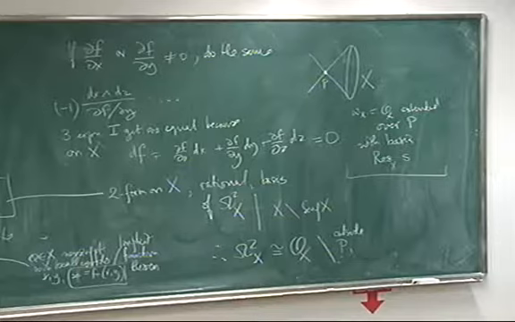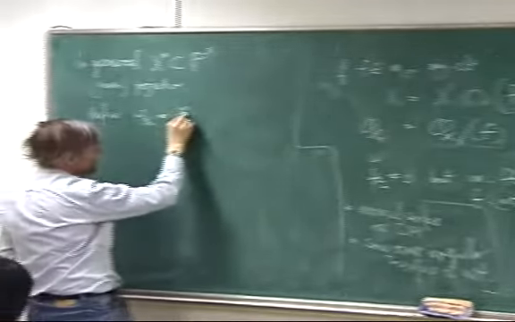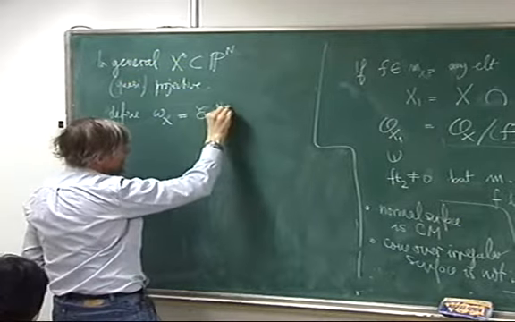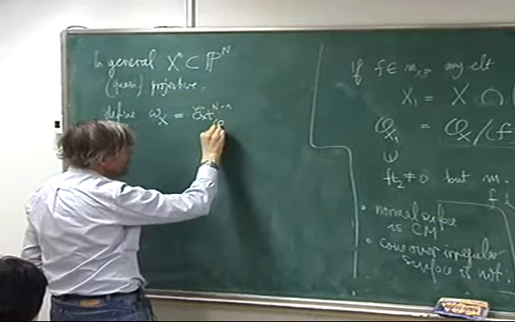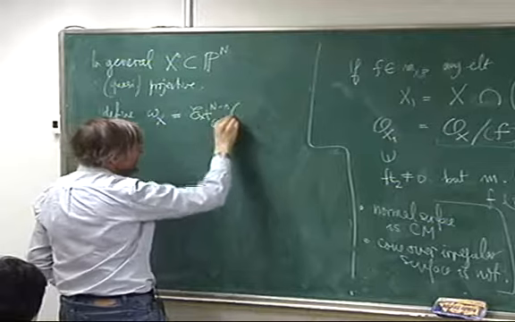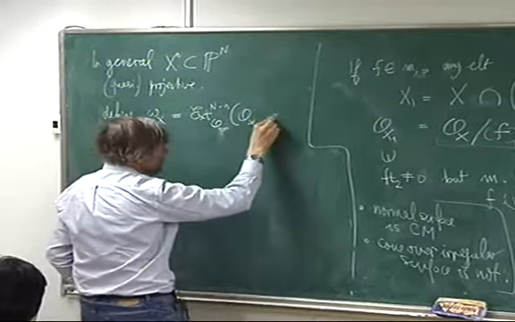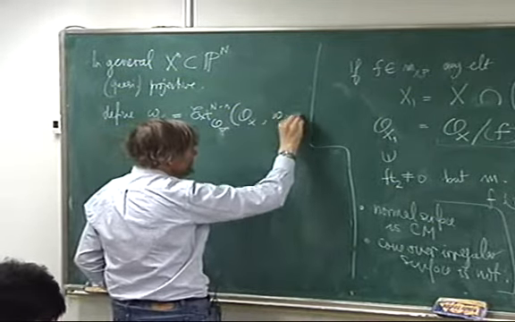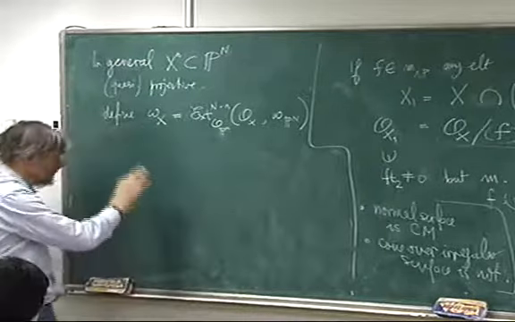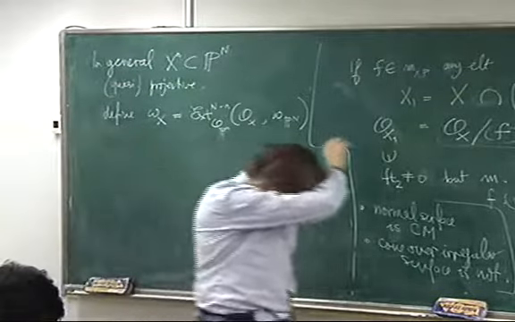So I'm going to say X is n-dimensional, and projective. I'm going to define this to be Ext^(N minus n) of O_X into omega P^N. You know this is in Hartshorne chapter 3.